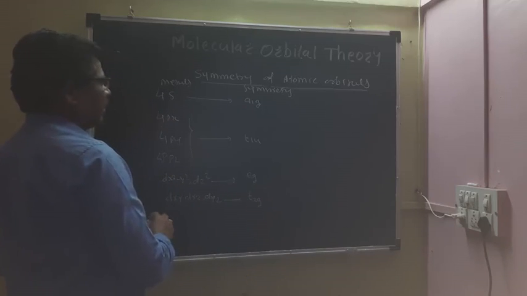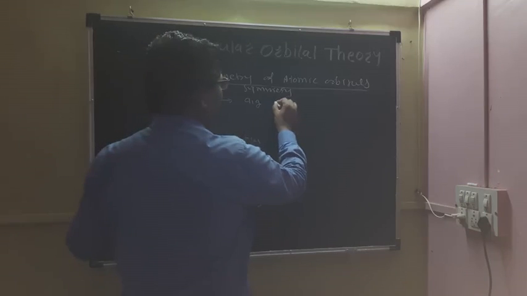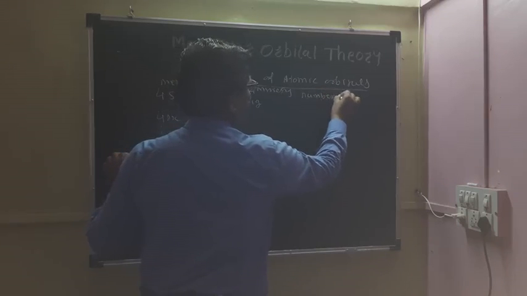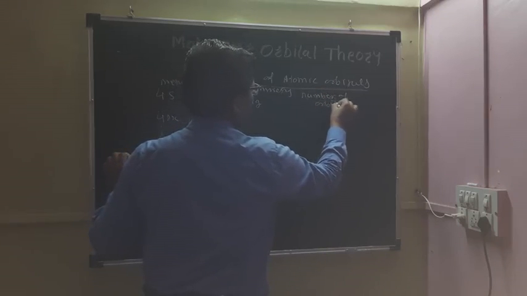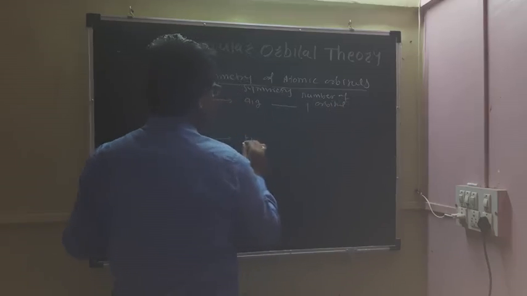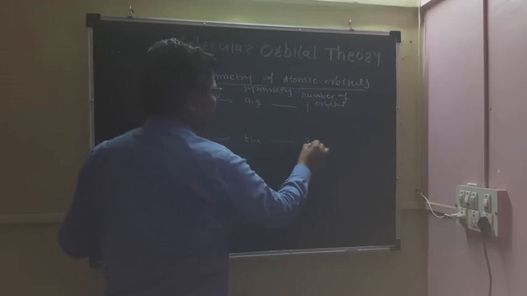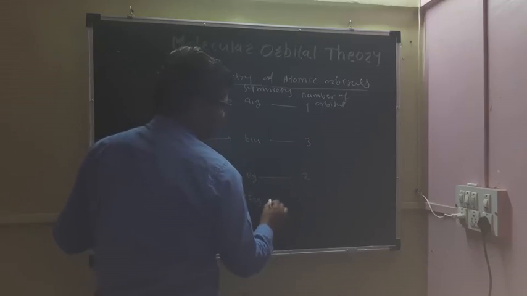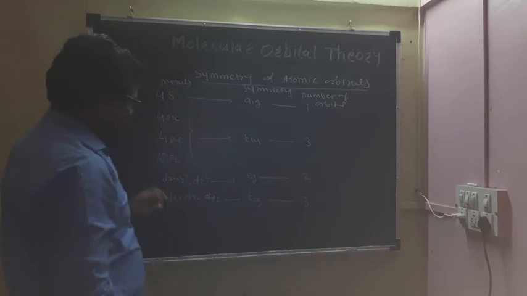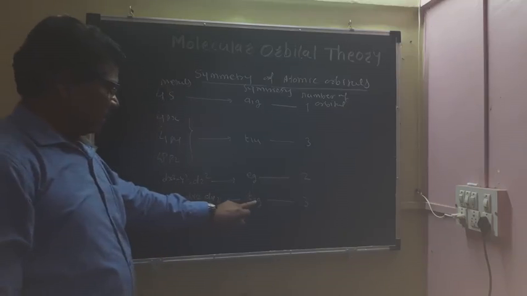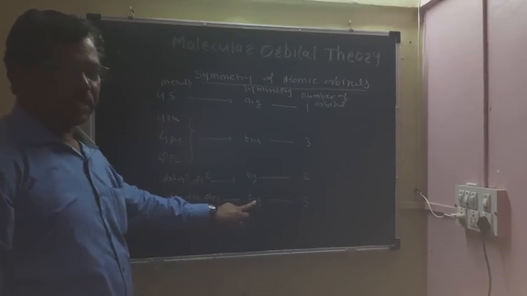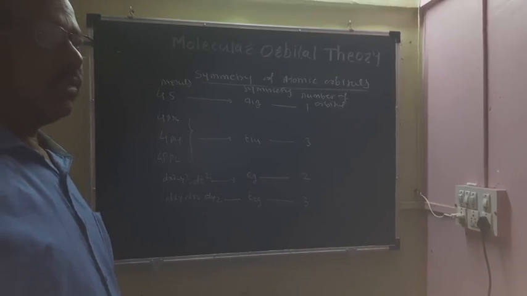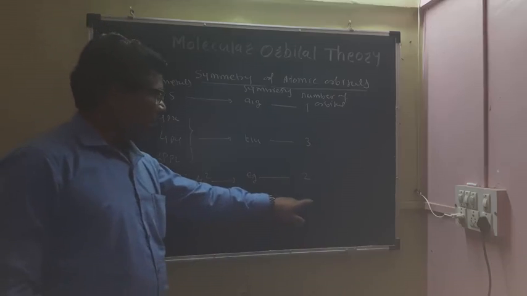Therefore, the number of orbitals is: A1g is 1, T1u is 3, Eg is 2 and T2g is 3. The dxy, dxz and dyz orbitals are denoted as the T2g orbitals, and the number of these orbitals is 3.